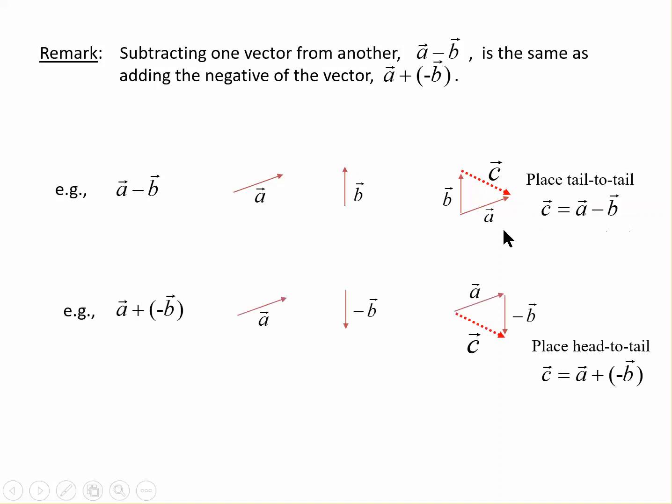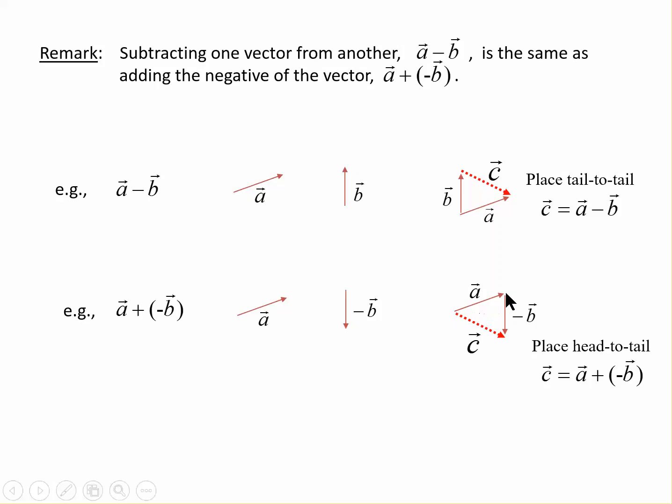But equivalently, I could have said, well, let me add a plus negative b. That's the same thing as a minus b. But let's draw this out. So here's vector a, just as before. Here's vector negative b. So if vector b is pointing up, for vector negative b, I just reverse the arrow. It's pointing down. So now I'm going to add vector a to the vector negative b. And remember, when you add two vectors together, you place them head to tail. So I slide these two vectors around so the head of one is against the tail of the other.